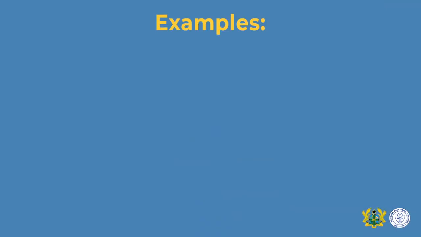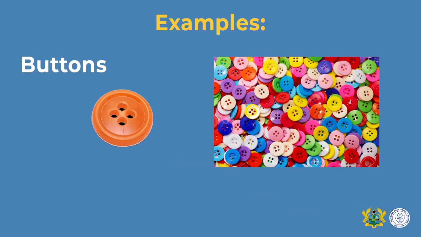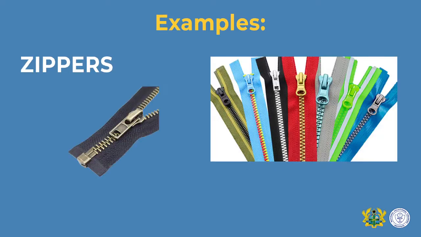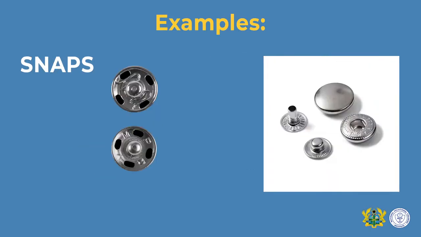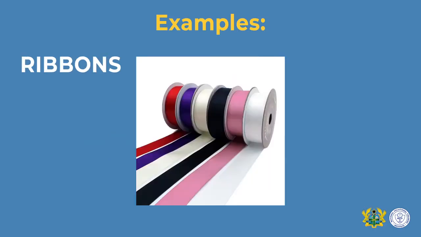Let's look at some of the examples of sewing accessories. We have buttons, we have zippers, we have snaps, and then we have ribbon. Now we say that the sewing accessories are attached or sewn.